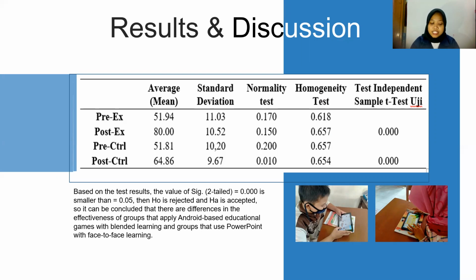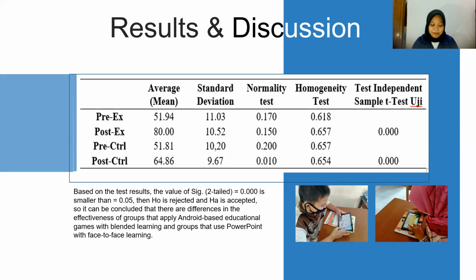The H0 is accepted and HA is rejected. So it can be concluded that both the group that applies the Android-based educational game with blended learning and the group that uses PowerPoint with face-to-face learning in the study did not have different variances.